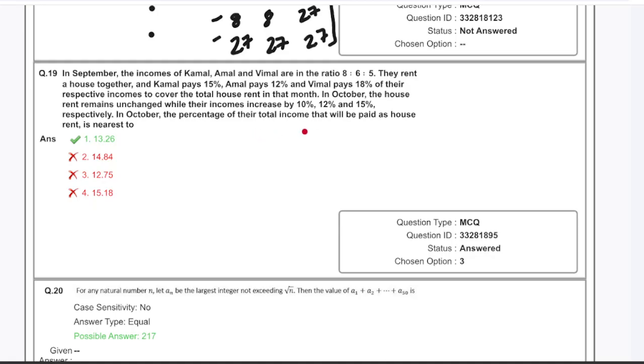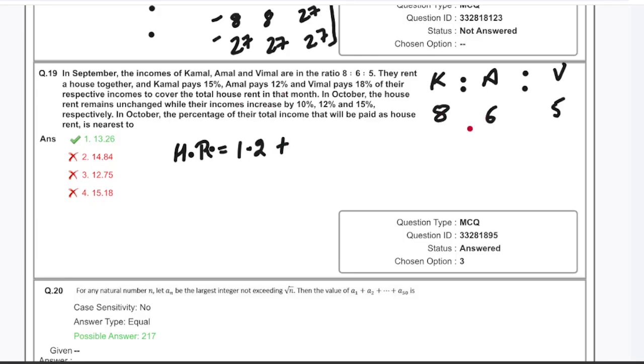So we can take it without taking x. Let's say the salaries of Kamal, Amal, and Vimal are 8 rupees, 6 rupees, and 5 rupees. When they are paying 15% of 8 as house rent, 15 into 8, 120, that is 1.2 rupees. 12%, 12 into 6, 72, that means 0.72 rupees.